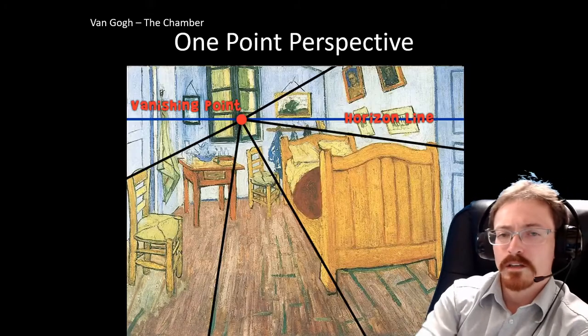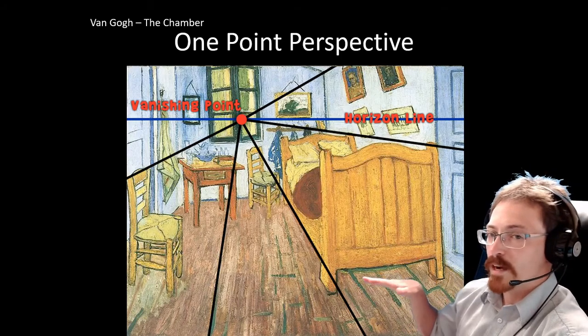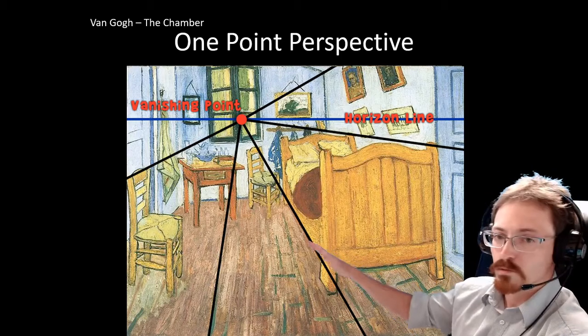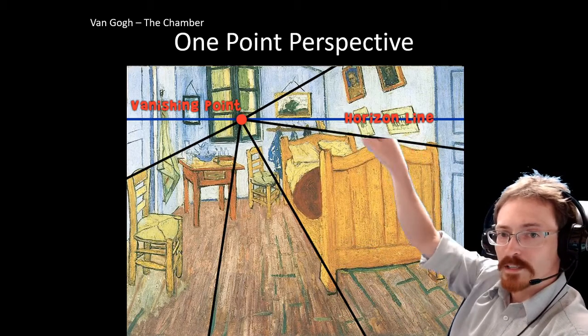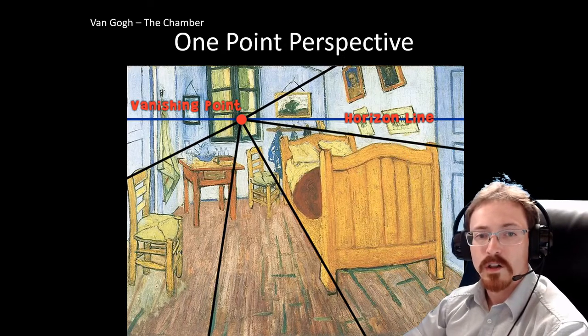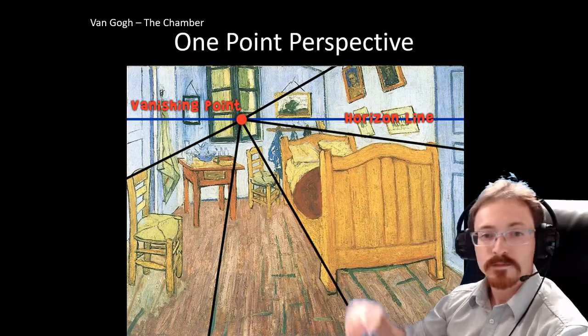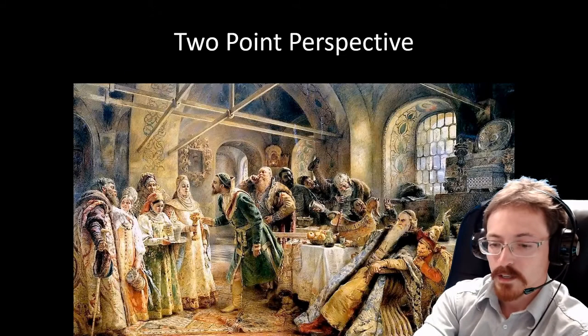Well, the vanishing point's actually right there in the window, and you can see that by lining up the bedpost right here, up top, the horizon line right there, and in the ceiling going down. All of those lines, oh, and the chair, all of those lines line up to the vanishing point.